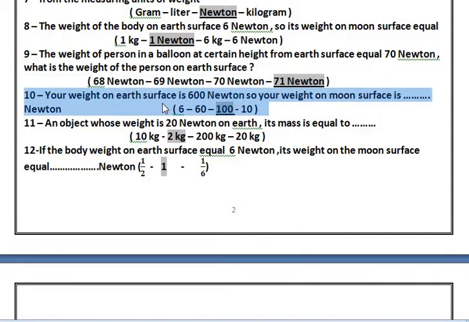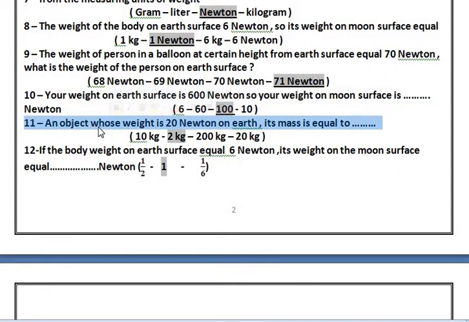Your weight on the Earth's surface is 600 Newton, so your weight on the moon's surface is 600 divided by 6, equals 100. Number 11. An object whose weight is 20 Newton on the Earth has a mass equal to 2 kilogram, because mass equals weight divided by 10. 20 divided by 10 equals 2 kilograms.